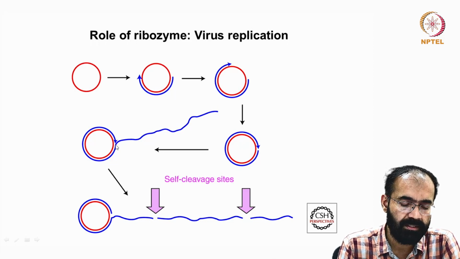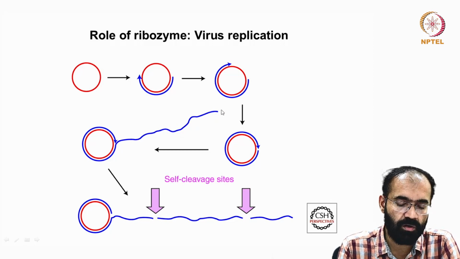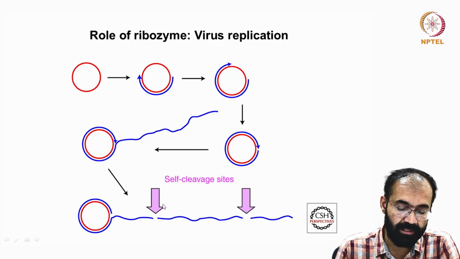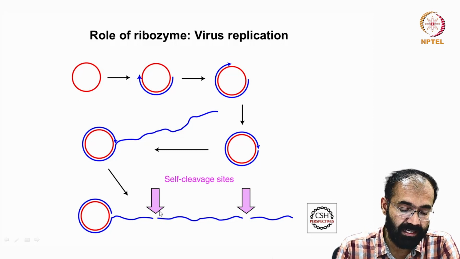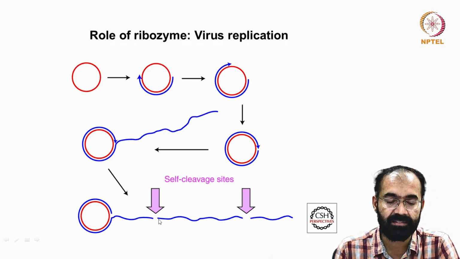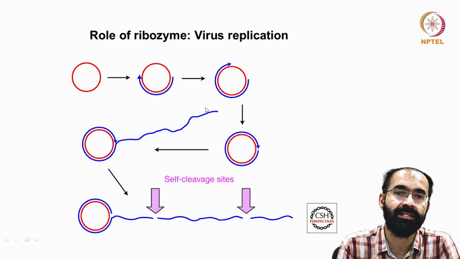Now this strand is being replaced by the newly formed strand, so it will replace this strand, which has now fallen out of this rolling circle. This strand needs to be cut at frequent intervals, without which it won't be able to make a meaningful product. These pieces will then circularize and give rise to the individual copies. This cleaving at frequent intervals happens because of a ribozyme action encoded in this structure.